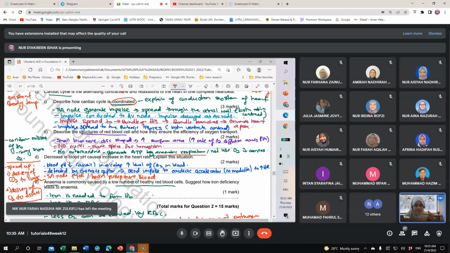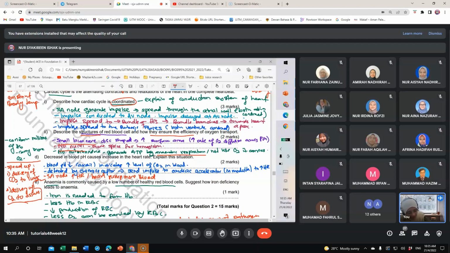Okay, and the explanation. Kalau awak tengok kat sini, describe the structure and how they ensure. So maksudnya, awak bagi structure dia, then you kena explain. Awak tak boleh bagi small biconcave, no nucleus, without explanation. Itu akan menyebabkan awak tak ada markah, kan?